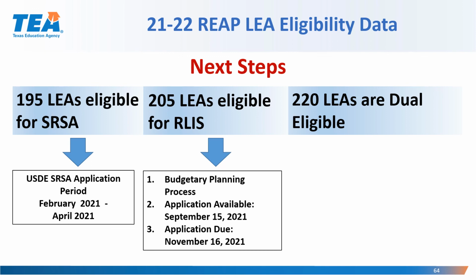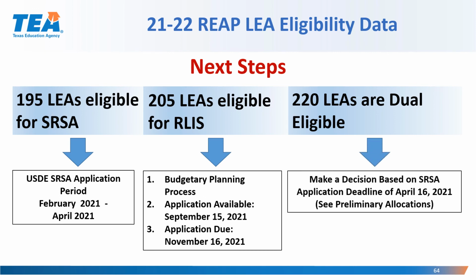So for those LEAs who are eligible for RLIS, right now is an important time to start planning for the school year, to look at their eligibility and make sure that they are going to be applying. Again, that application opens in September and it closes on November 16th.